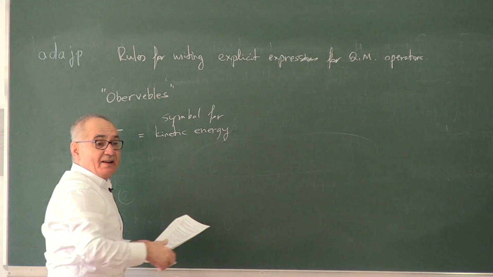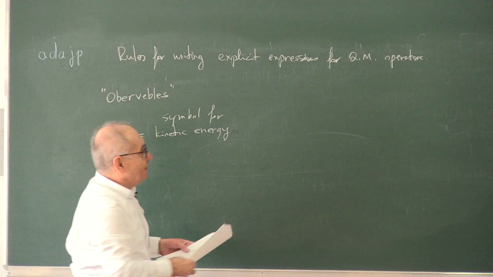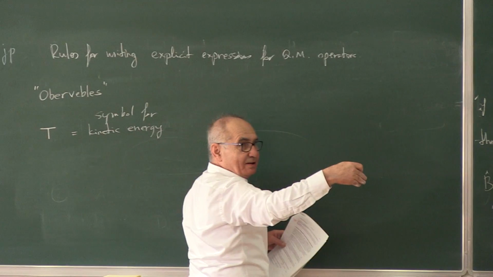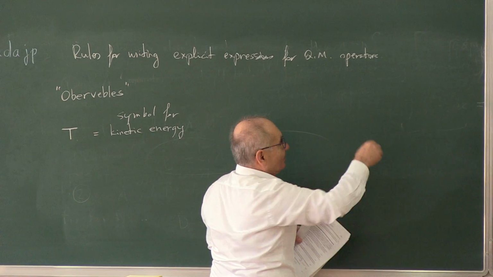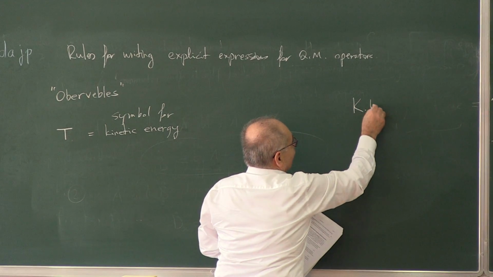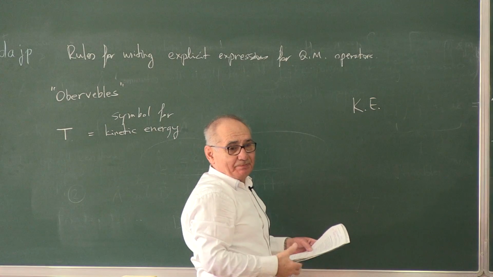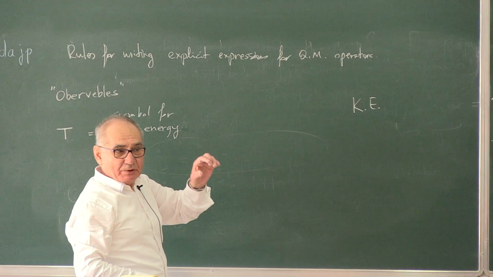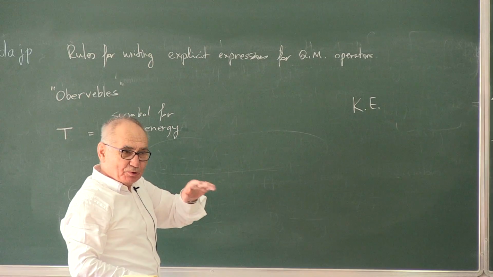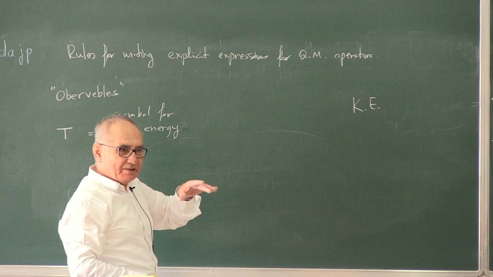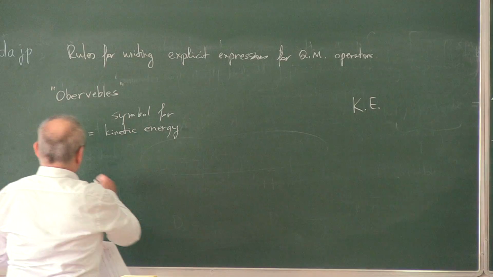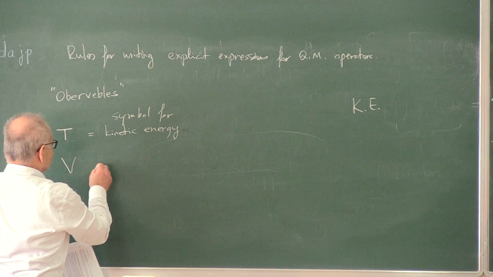It is a standard symbol, all right. In quantum-related textbooks, you do not see the words kinetic energy, but you see the capital T symbol. Whenever you see the T symbol, you should assume that we are talking about kinetic energy. Similarly, the standard symbol for potential energy is V.